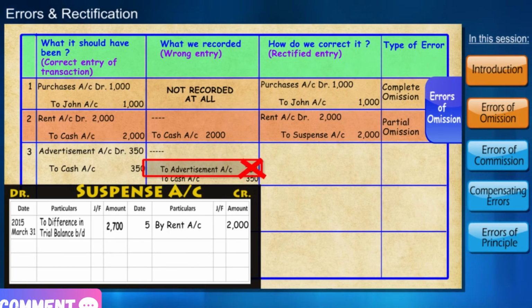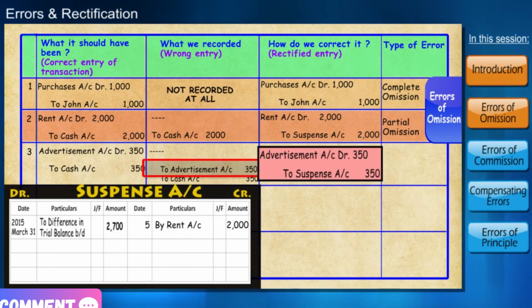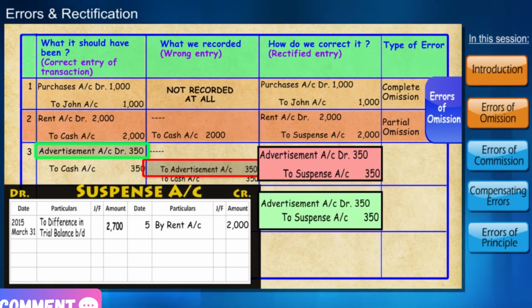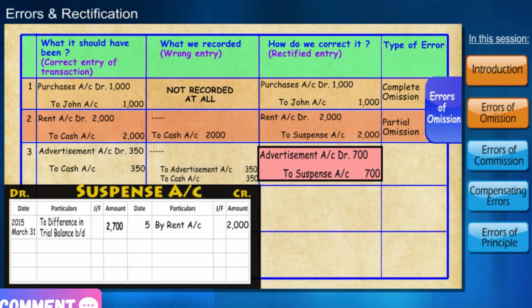To cancel out this effect, we will debit advertisement by 350 and then to pass the correct entry, we will debit this again by 350. In total, advertisement is debited by 700 and this will be credited to suspense account.